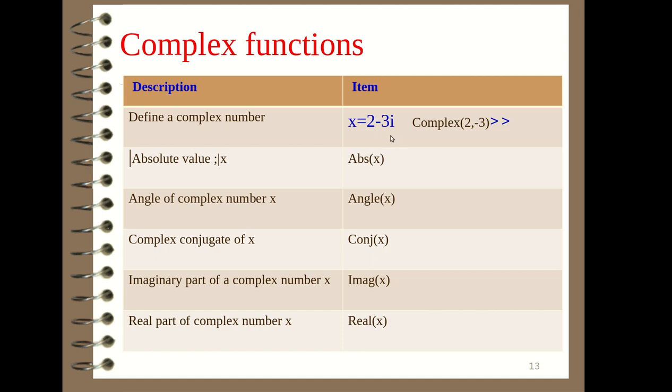We can write this directly: absolute value and angle. So this is the number, yes, this is the real part, and this is the imaginary part. The real part we can get from a number by real of x. This is a function. What is a function in MATLAB?